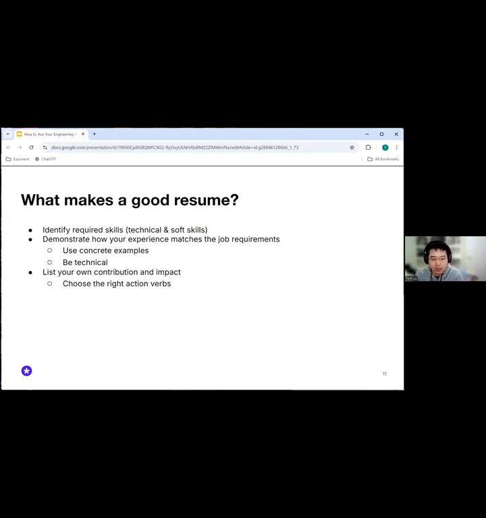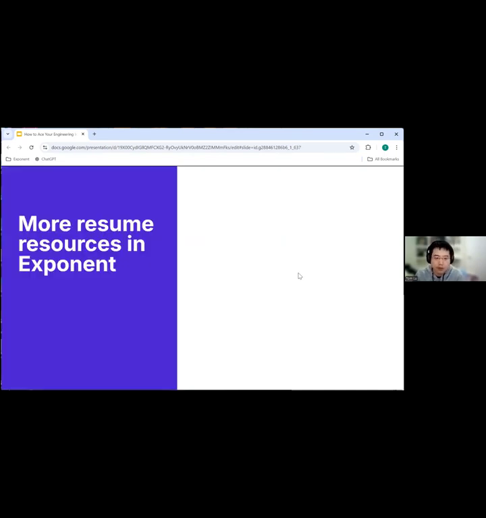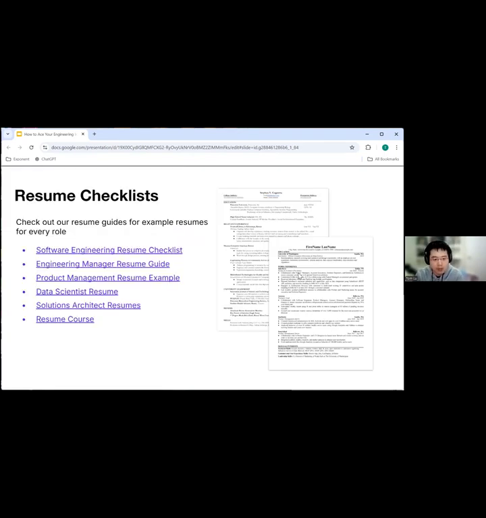For example, if it is a team project, right? What is your role in the team? Are you a technical contributor, or are you more like a project manager, making sure everybody hits your target on time? So what is relevant to Exponent is that Exponent has tons of resources about how to write a good resume.